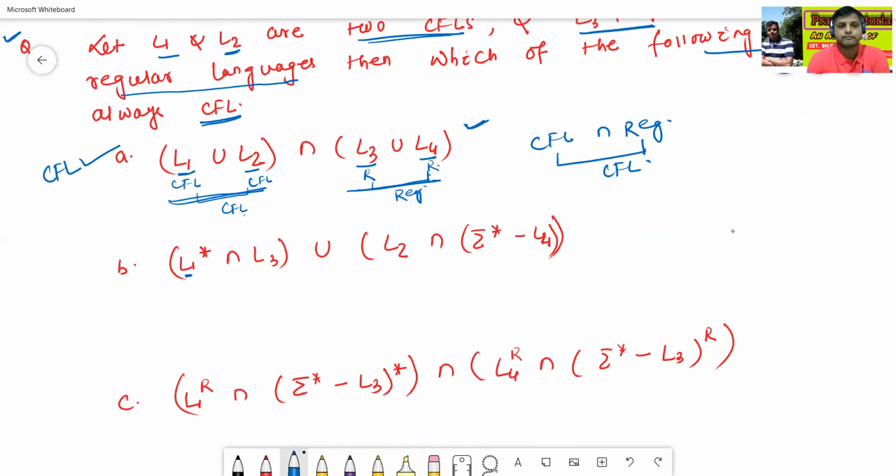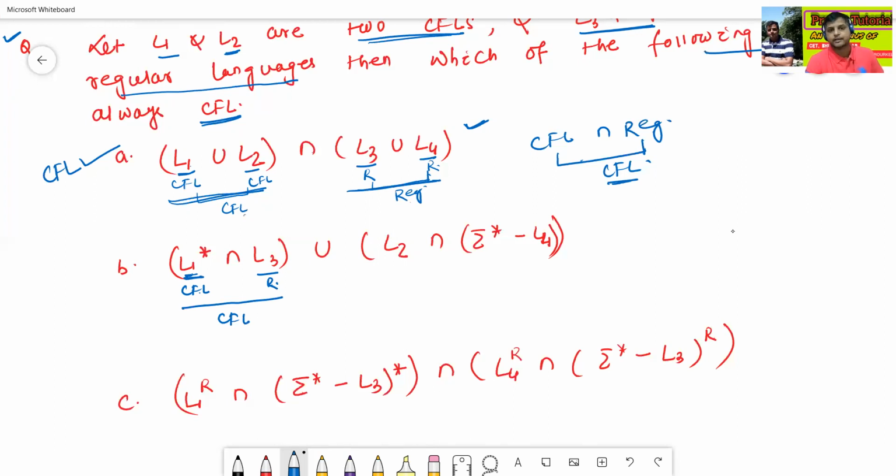The Kleene closure of CFL is always CFL. So L1 star is always CFL, and L3 is regular. CFL intersection regular is always CFL. So this part in total is CFL.